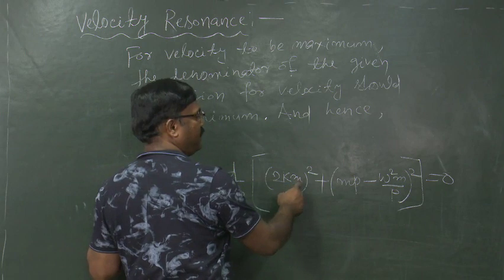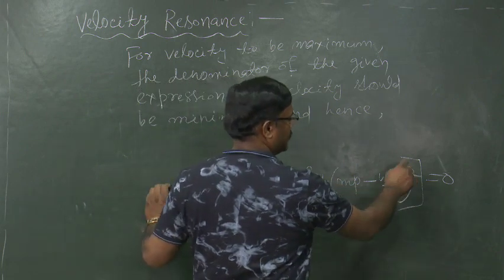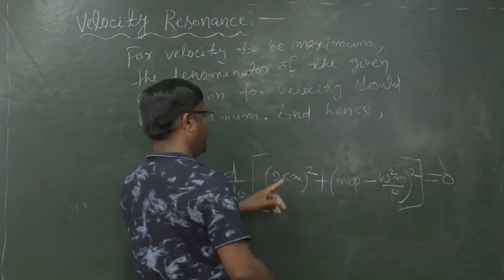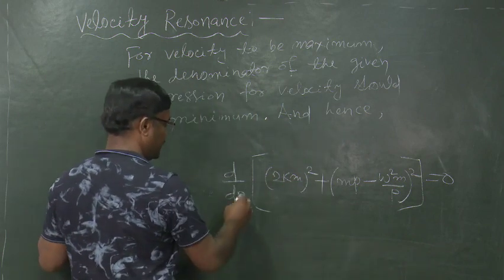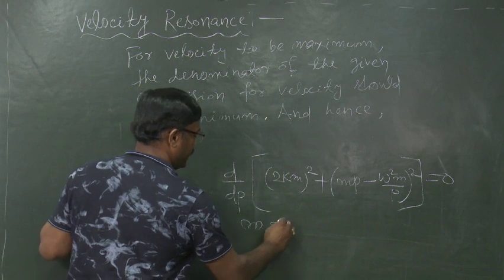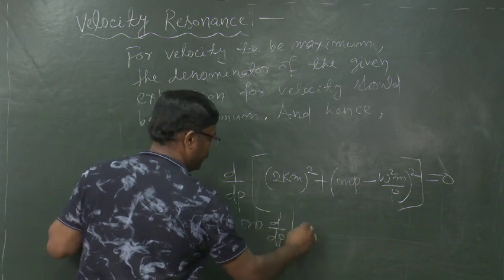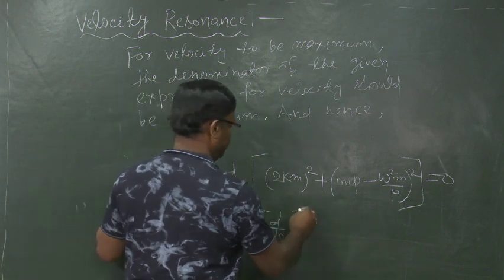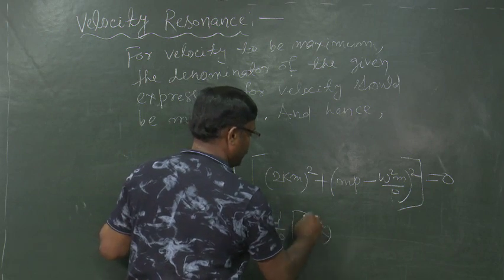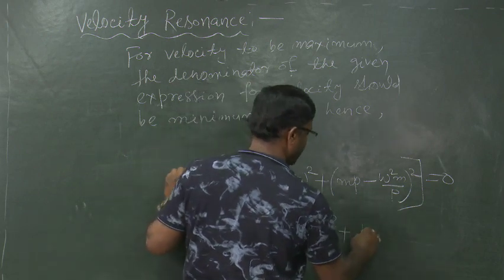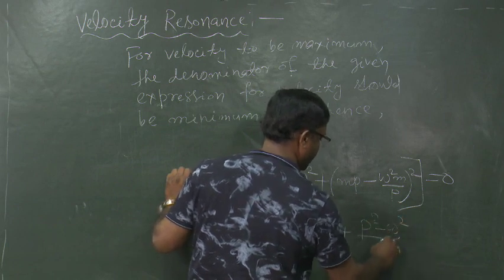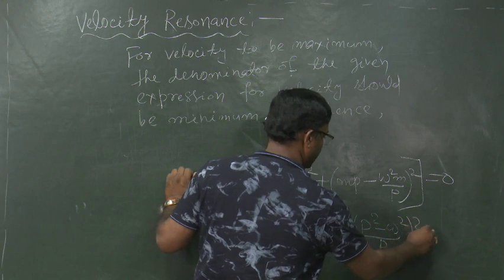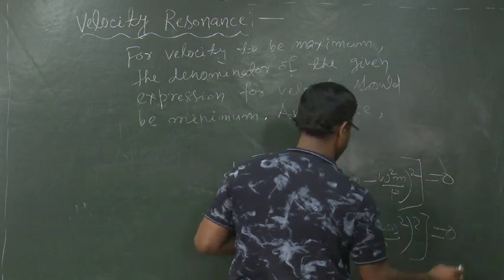Here is the square of m, and since it is in the square, m will be taken outside, and m is constant, so by taking it outside we can write this as m into d by dp of [(2k)² + ((p² − ω²)/p)²] equal to 0.